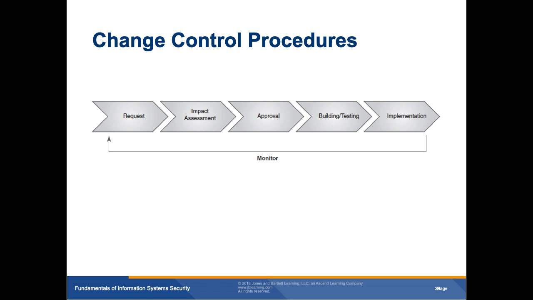And so here's a typical change control process. You have a request to make a change, so we're going to say we're going to upgrade the LMS. We do an impact assessment, and it's like what's all involved, who could be impacted, what's needed to do this.